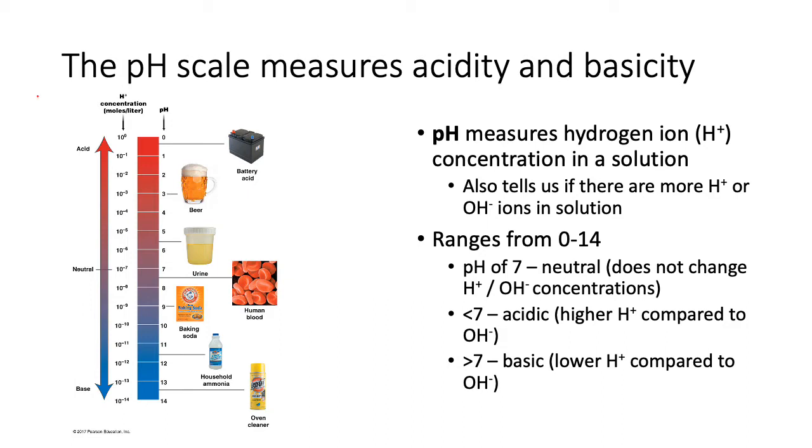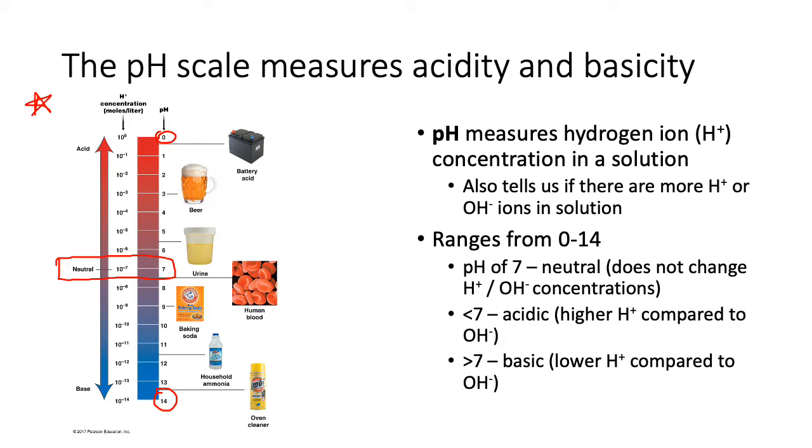The pH scale is shown here on the left, and it actually starts in the middle. It starts here at a pH of 7, and it goes all the way down to 0 here at the top, or up to 14 at the bottom. So the pH can range anywhere from 0 to 14.